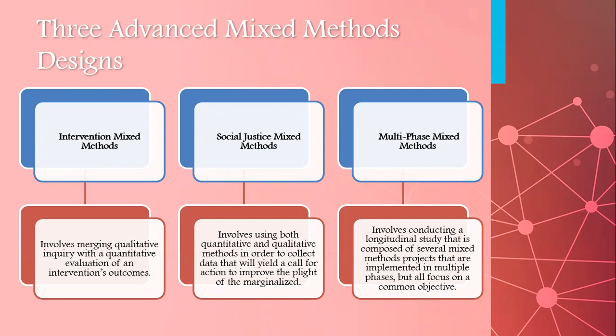And finally, a multi-phased mixed methods approach involves conducting a longitudinal study that is composed of several mixed methods projects that are implemented in multiple phases, but all focus on a common objective.